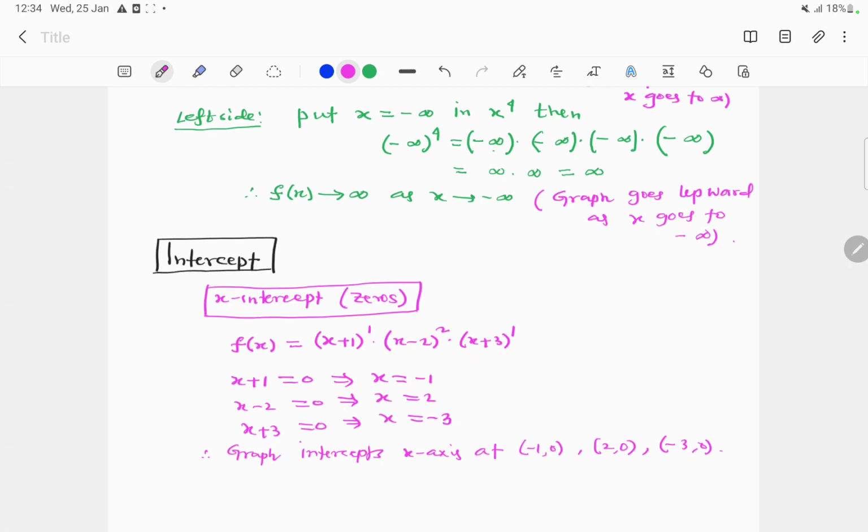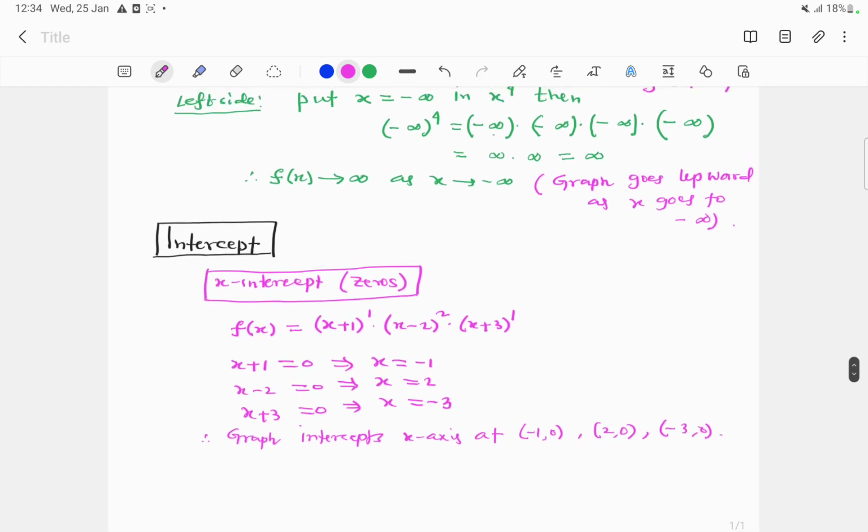Sometimes people say the x-intercepts are -1, 2 and -3. But when drawing the graph, saying the graph intersects the x-axis at those points makes it clear where the graph crosses the x-axis. You can use either one.